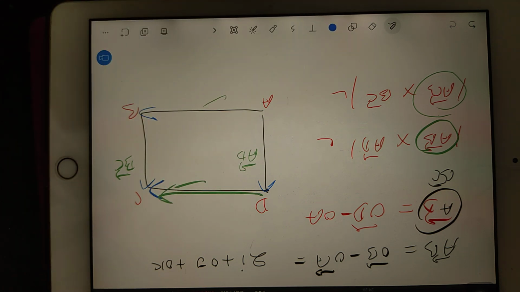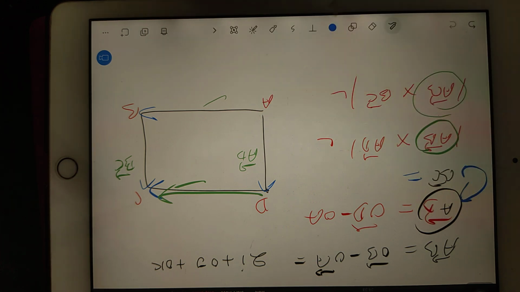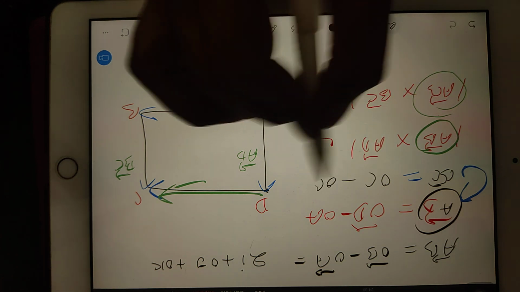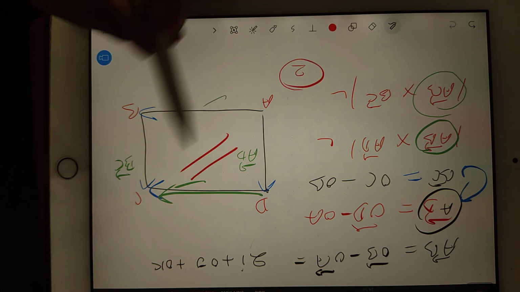So you can also find out AD and BC, they both are same. If you are finding out BC, then OC minus OB you will do. Then anyway when you do the vectors, your final answer will come as 2. The final area of this will come as 2.